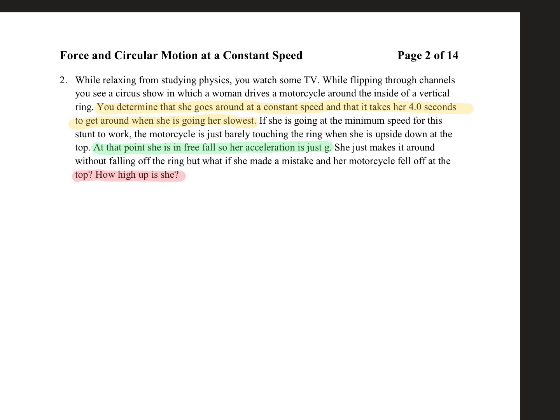All right? Sort of like back on our spring example, at that spot where she's just barely still on the track, that would be a minimum. So imagine she was slowing down to that magic speed so that she would then fall.